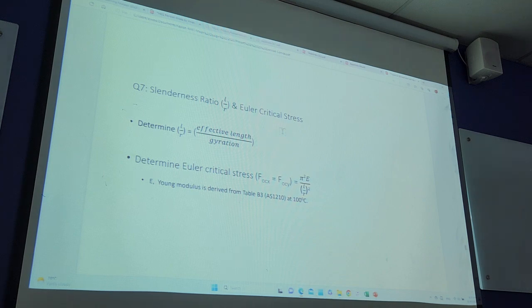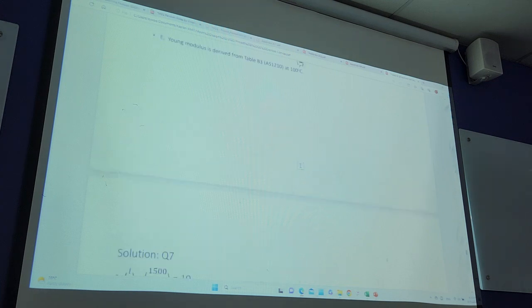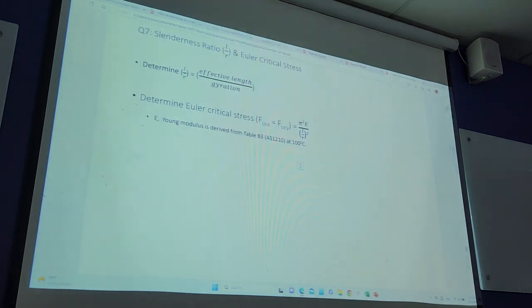Young modulus. We use our value 207, 207 megapascal.